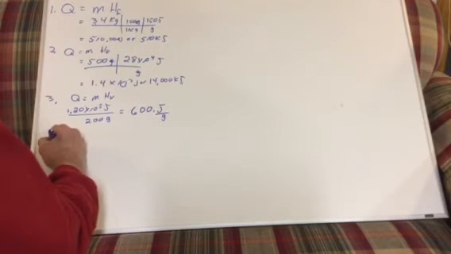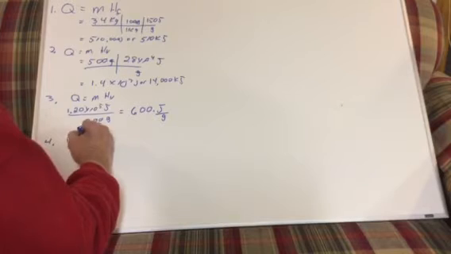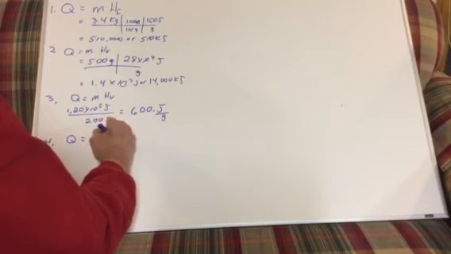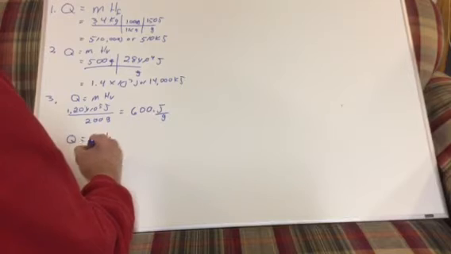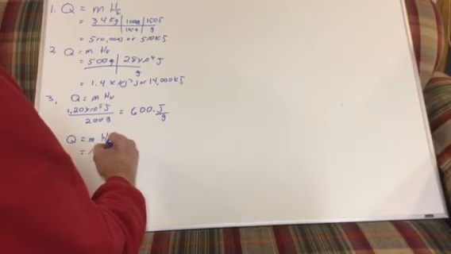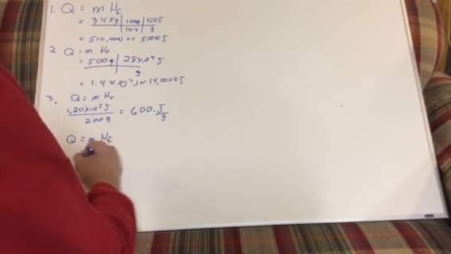And then number 4, same formula, Q equals M, heat of fusion. It asks how much heat is released at 0 degrees with 100 grams of water. So the mass is 100 grams.